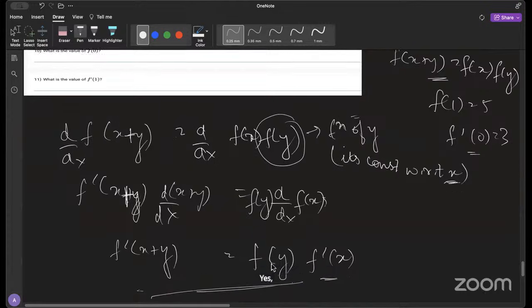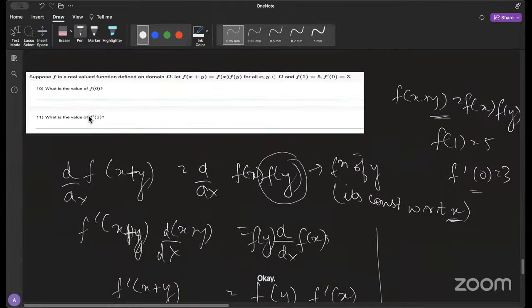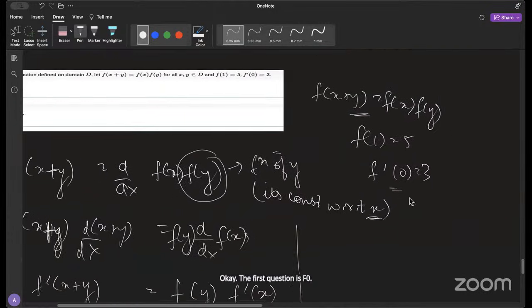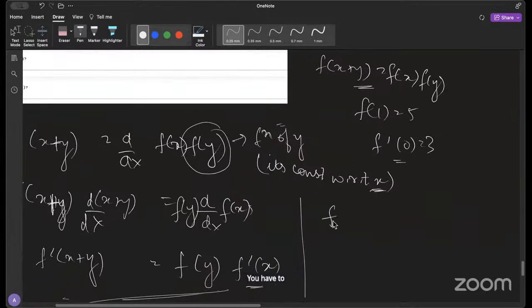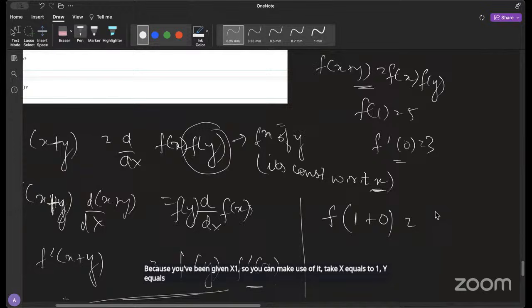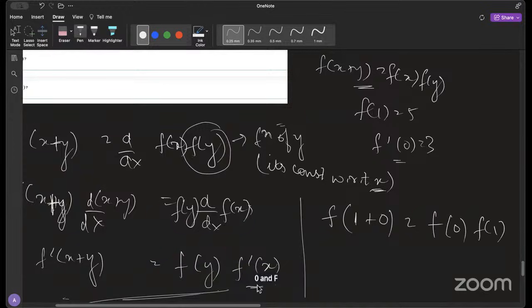Yes, ma'am. Okay. The first question is f(0). You have to find f(0). Because you have been given f(1), you can make use of it. Take x equals 1, y equals 0. You have f(0) and f(1), right?